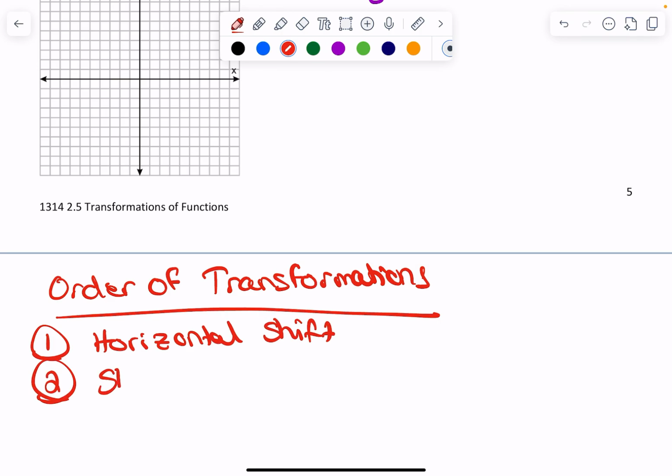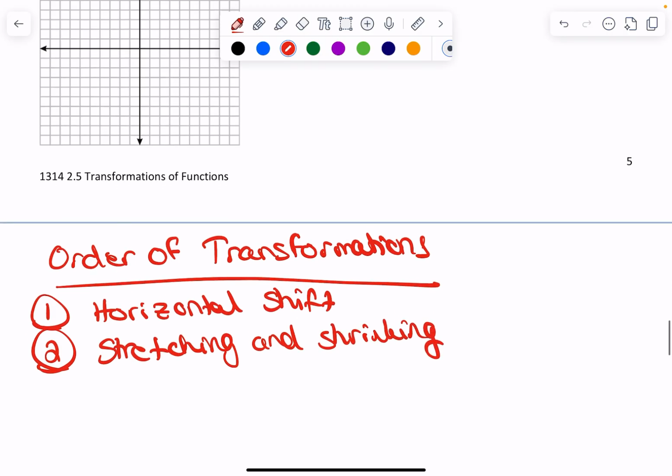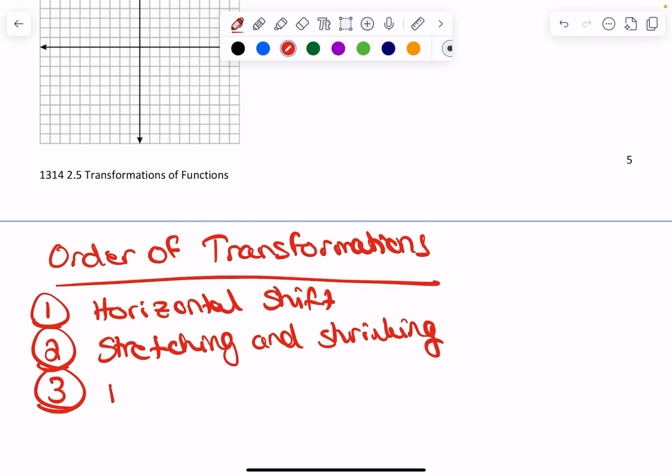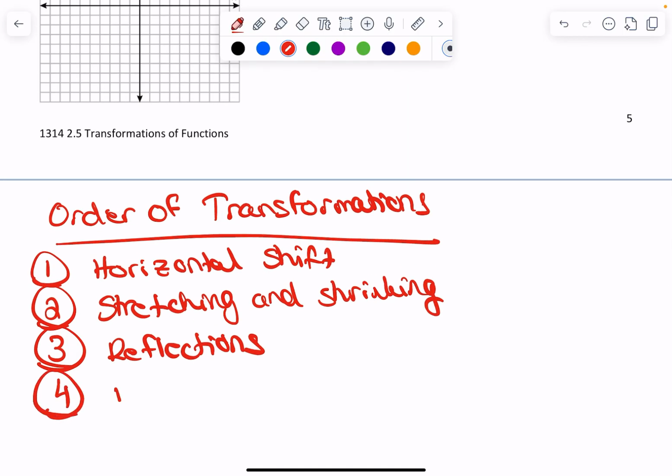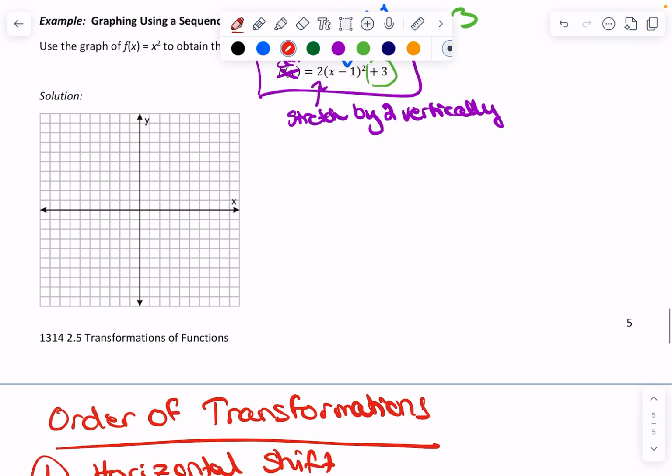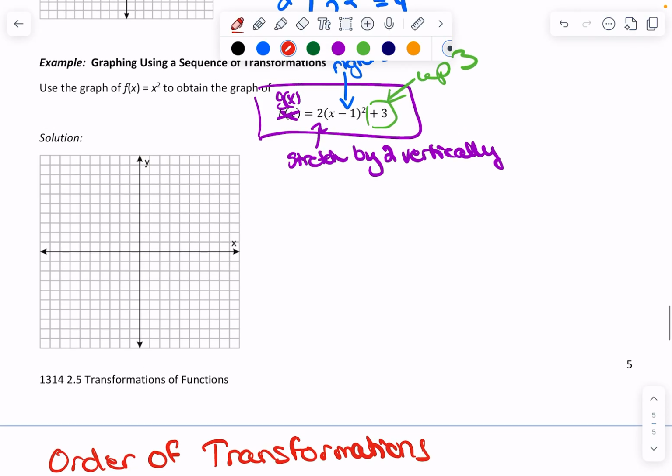Second, you are doing the stretching and shrinking. Third is going to be any reflection, so if there's a negative. And 4, it's going to be vertical shift.